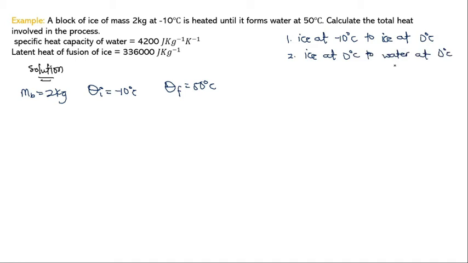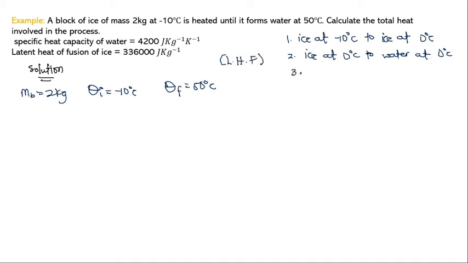Okay, so we will apply a certain amount of heat to it so that it will melt into water, and we can see that we are moving from solid, which is the ice, to water, which is liquid. So there's a change in state of matter from solid to liquid. So this amount of heat needed over here is what we call the latent heat of fusion.